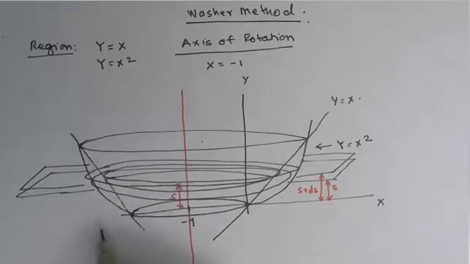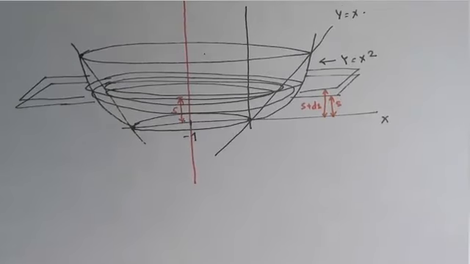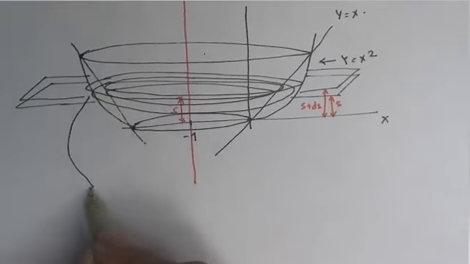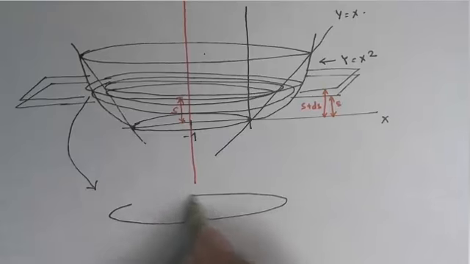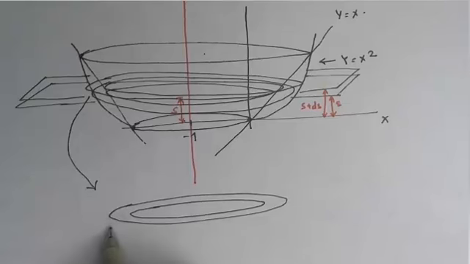And this is complicated looking, so let me just draw the volume between those two slices down here. So at the top we have a pair of circles. At the bottom we have a pair of circles.